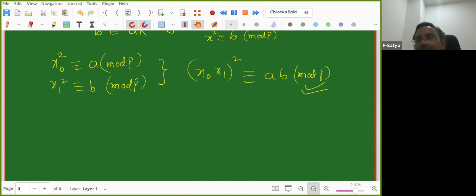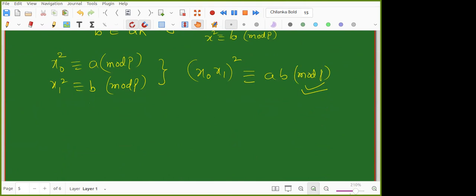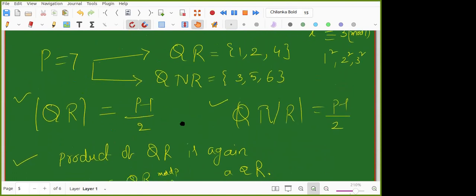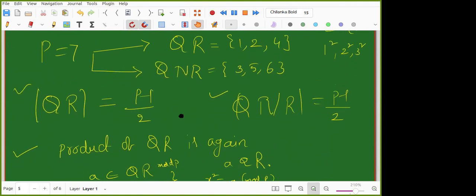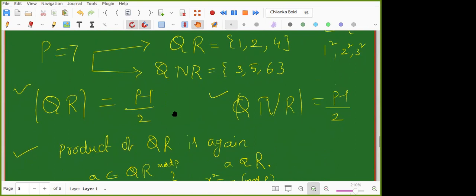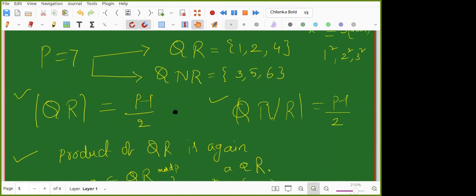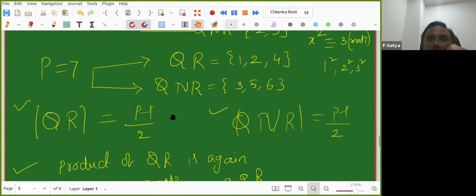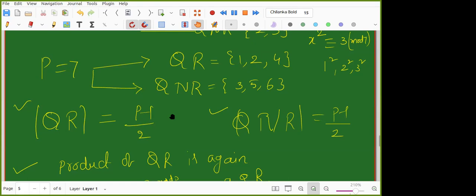Any other property? One thing that would follow from the fact that the cardinality of quadratic residues is (p minus 1) by 2 is that primes of the form 4k plus 3 will have an odd number of quadratic residues, and primes of the form 4k plus 1 will have an even number of quadratic residues.